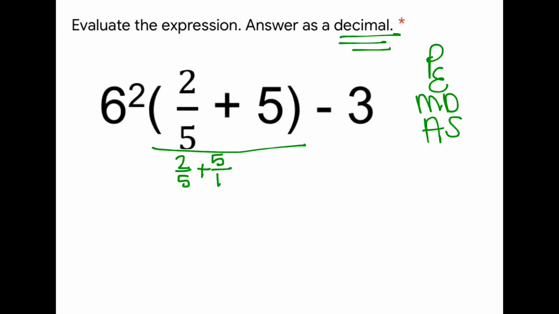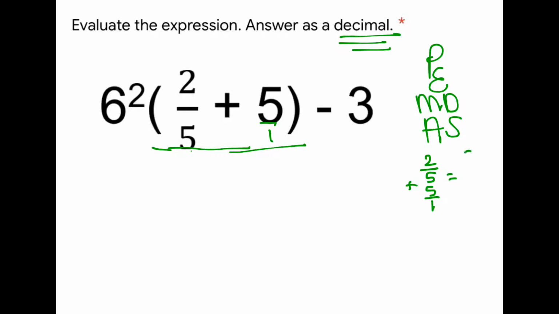You need to find the common denominator. So I will solve that over here. I'm just going to erase this because I want my answer to go here. I'm going to put 5 over 1 there. So we have 2/5 plus 5 over 1.